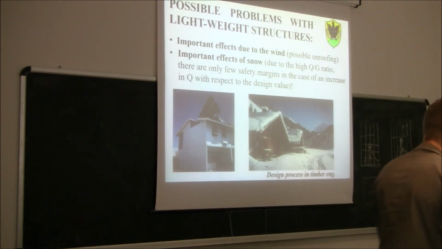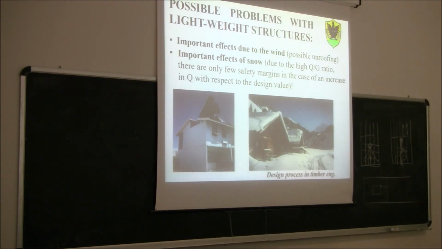While instead, if the same roof is made of reinforced concrete, even if you have an exceptional meteorological event with maybe a couple of meters of snow, usually the roof made of reinforced concrete doesn't fail, does not collapse.